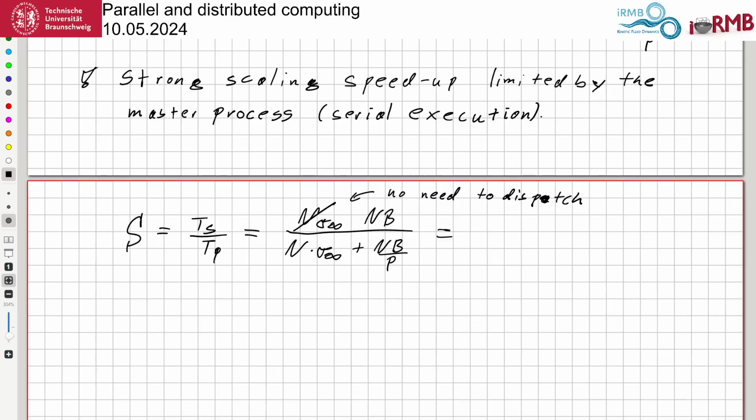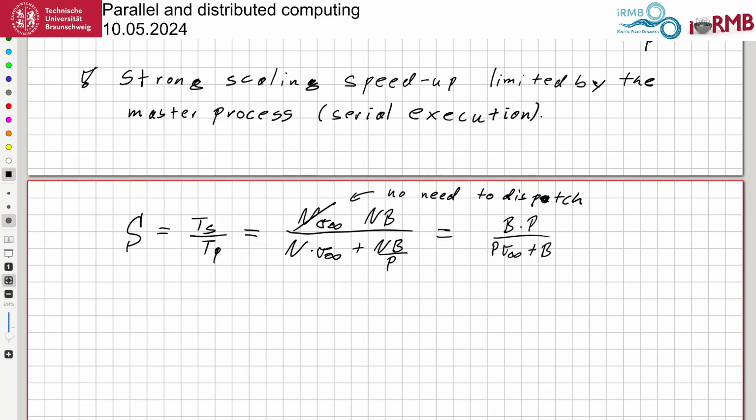So there's n everywhere, so we can divide by n, and we can multiply by p. So I guess this becomes b times p divided by sigma infinity plus b. Yes, I did something wrong. It's p. Sorry.